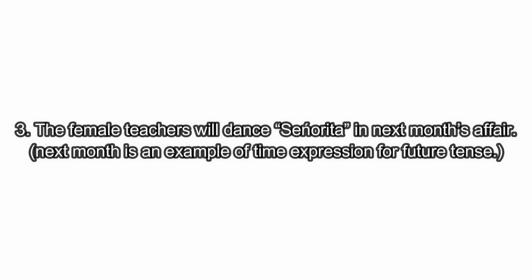So, last weekend is an example of time expression for past tense. And number 3, the female teachers will dance señorita in next month's affair. So, next month is an example of time expression for future tense. So, is it clear now?